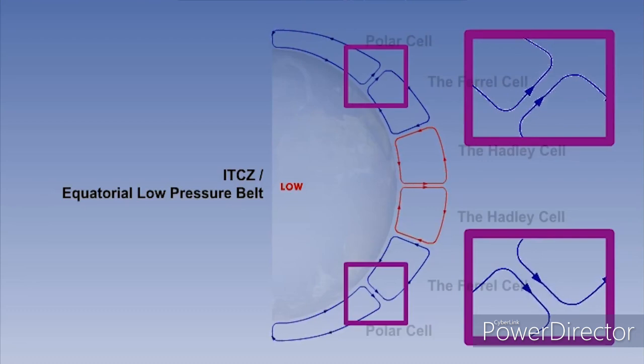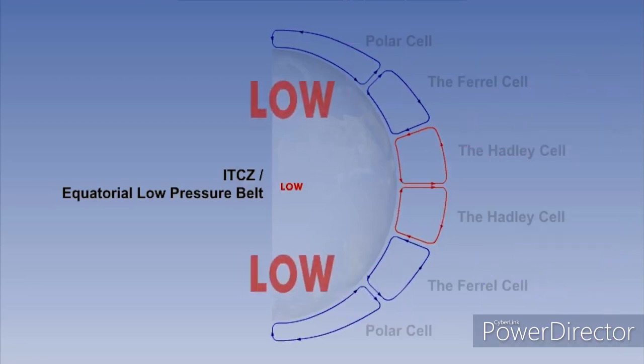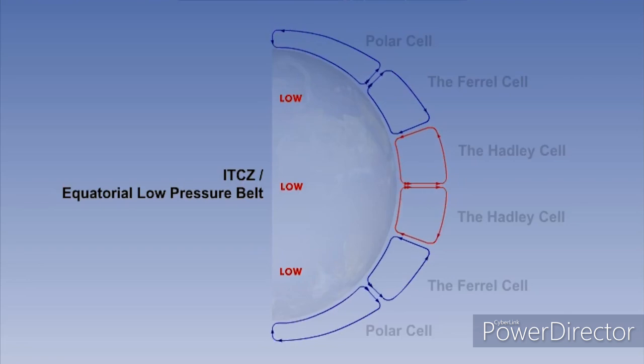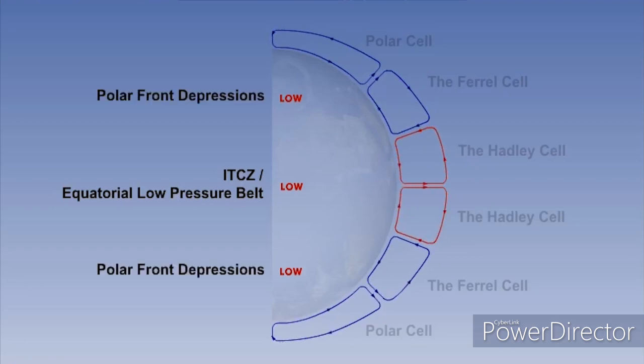Then, upon reaching the tropopause, it diverges. This location forms the second major zone of low pressure. This band of low pressure is known as the polar front, and the depressions created are called the polar front depressions. They are also called the temperate depressions or the travelling depressions.